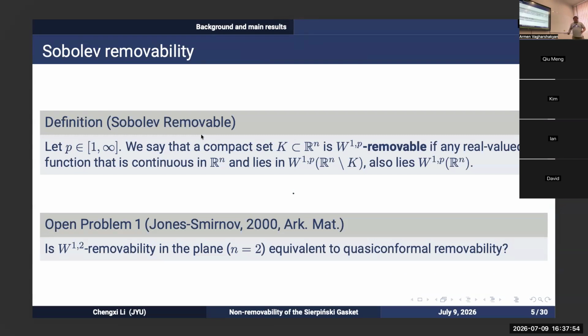Actually, this is not the main result of this paper, but I want to mention it here because it shows the whole picture of the removability problem.